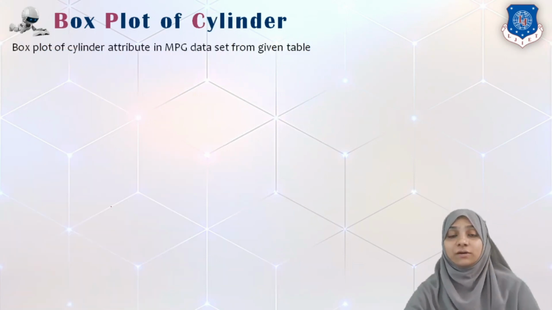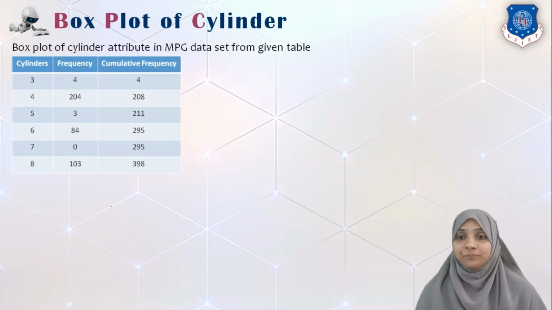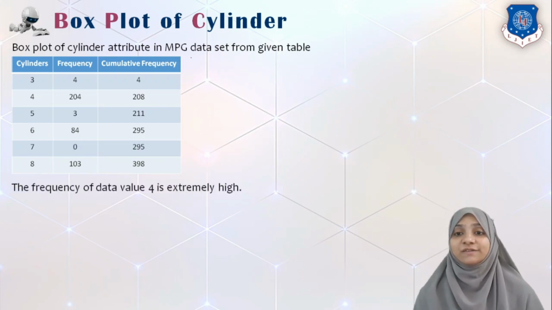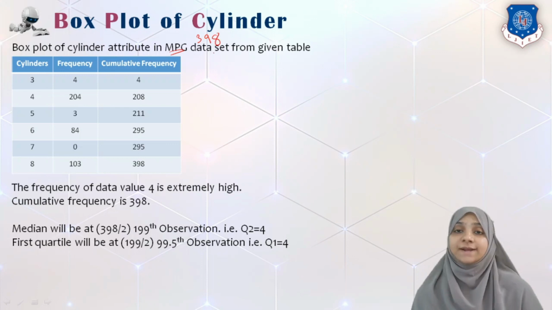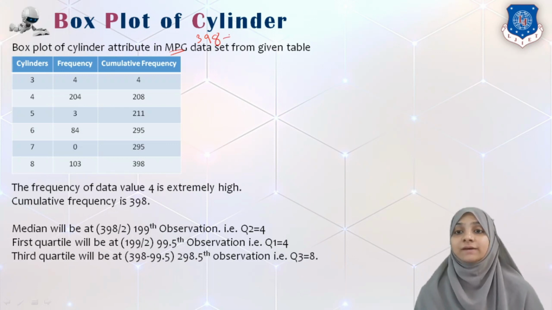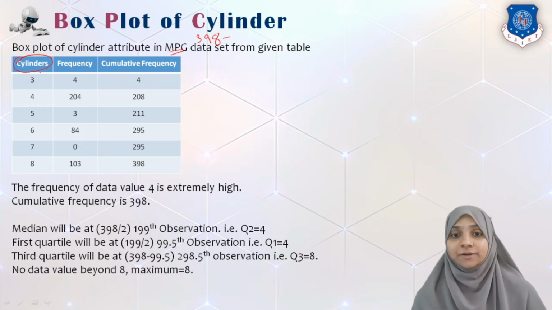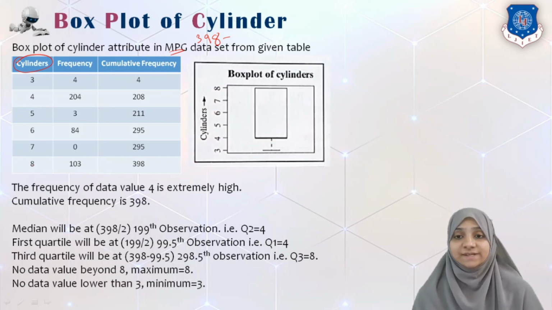Now let us understand how to interpret a given box plot. Remember, at the start of this lecture, I discussed the MPG data set. Actually, there were 398 entries in the data set. In this given table, we have only chosen one attribute, called cylinder. Possible values of cylinder can be 3, 4, 5, 6, 7, 8.